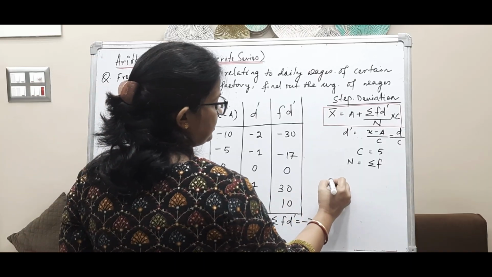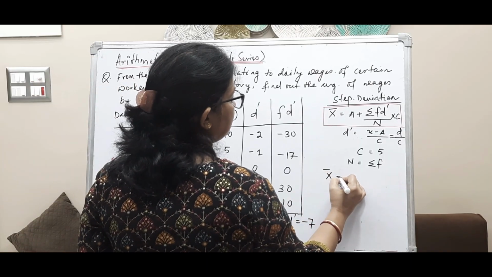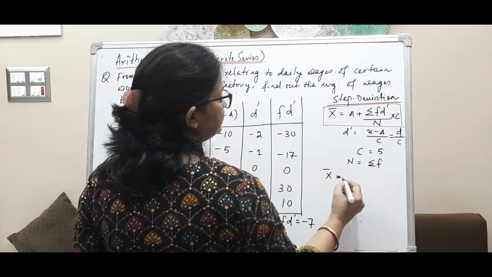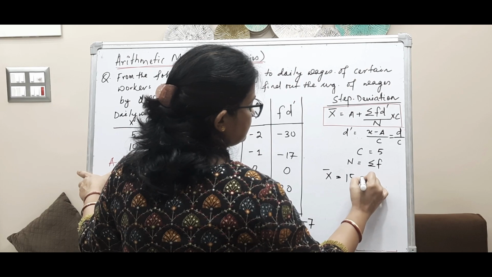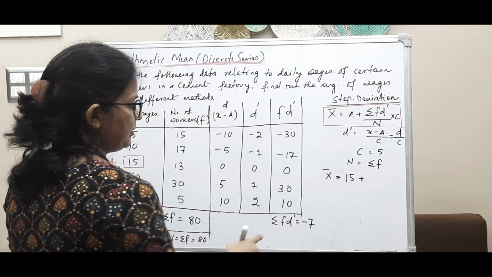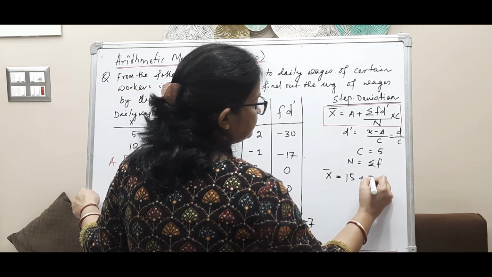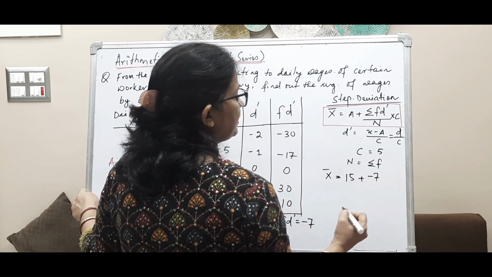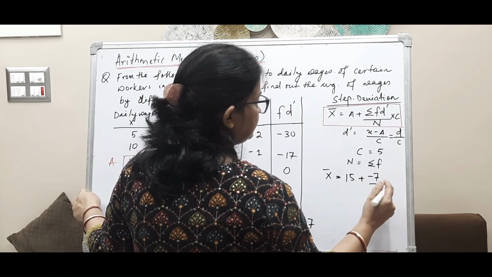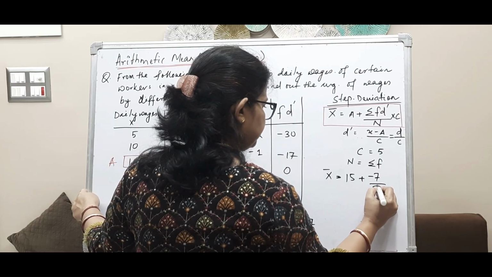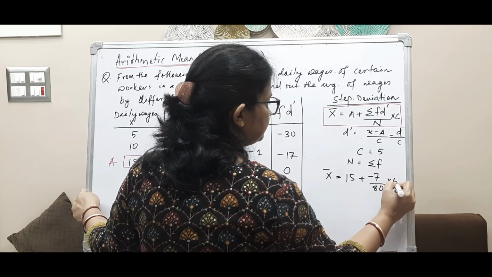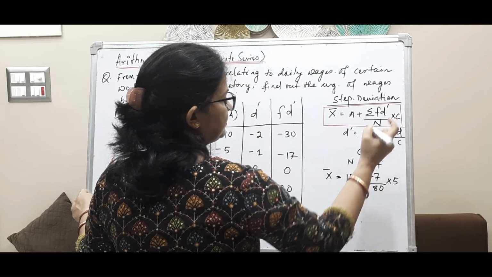Let us put it. X bar equals a, which is 50, plus sigma of f d dash, which is minus 7, divided by n equal to 80, into 5. 5 is our common factor.